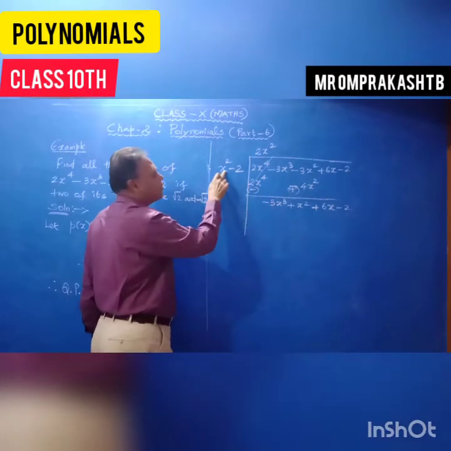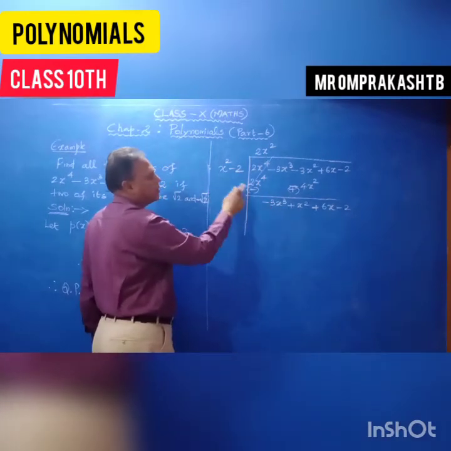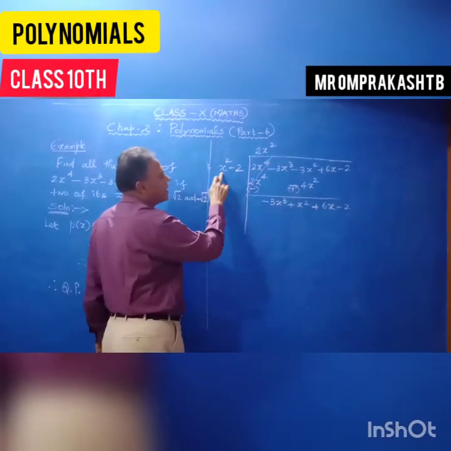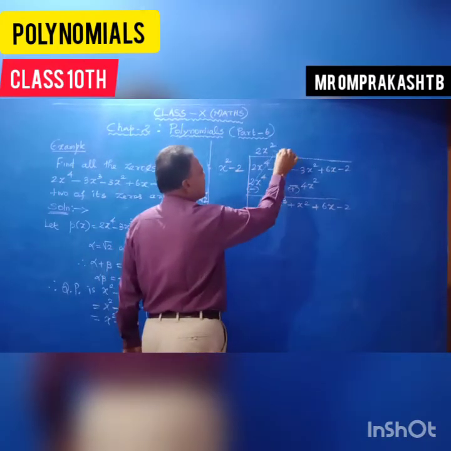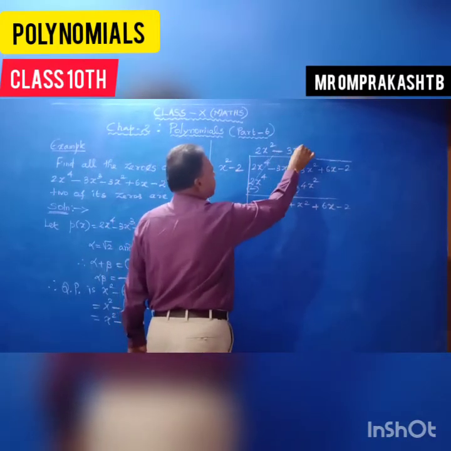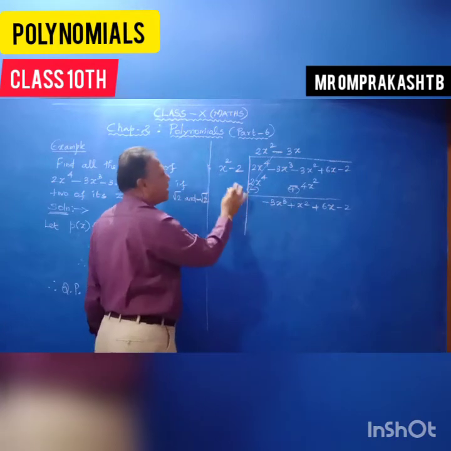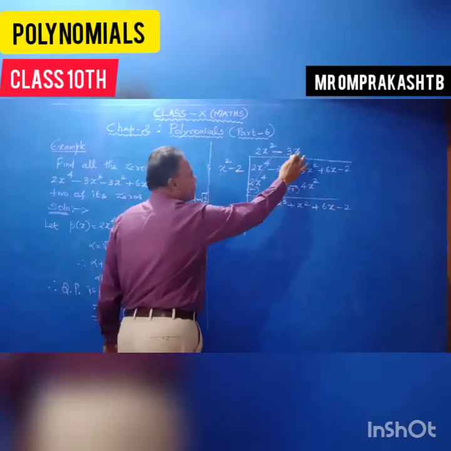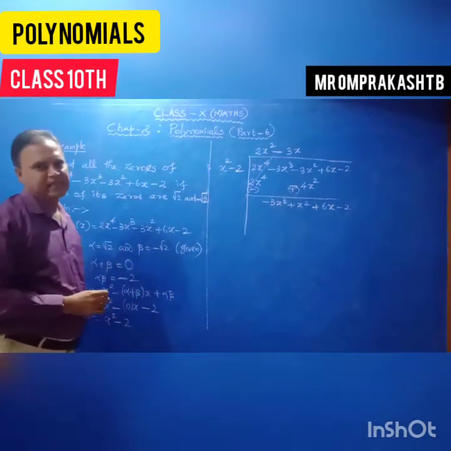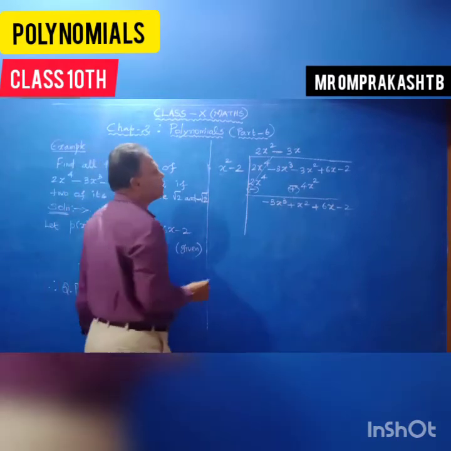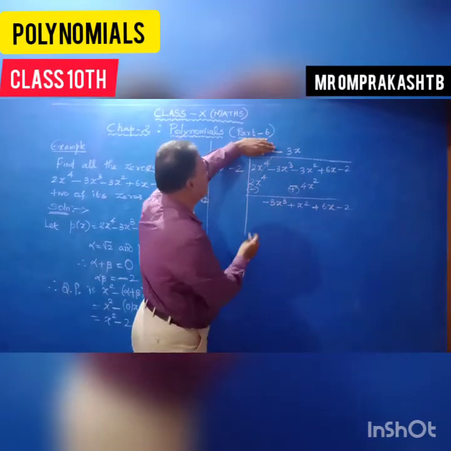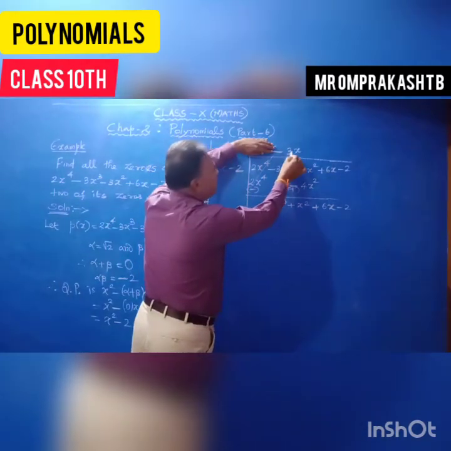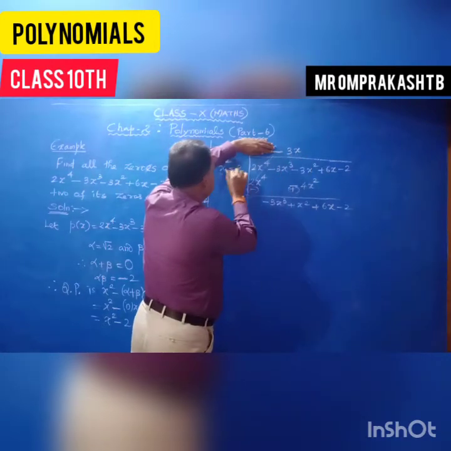Now again you divide. What will happen? Minus 3x cube by x squared. So minus 3x. This first term and this first term divide means you will get minus 3x. Understand? Now ignore this. Just take this 3x, minus 3x multiply 1 by 1.